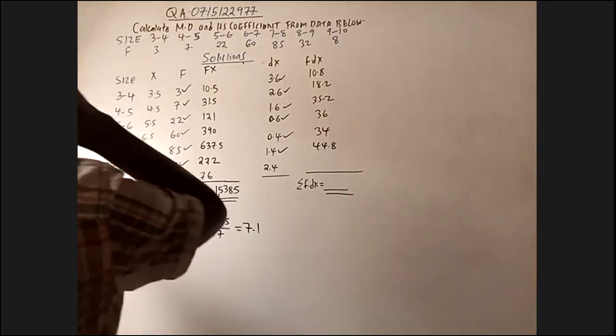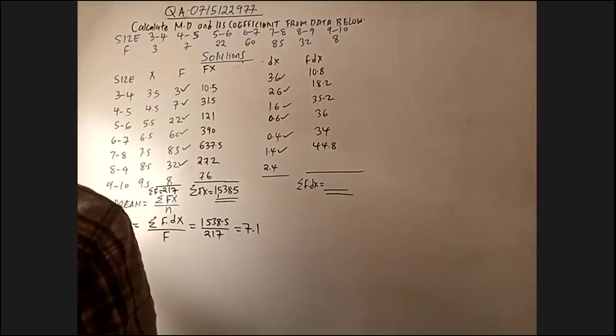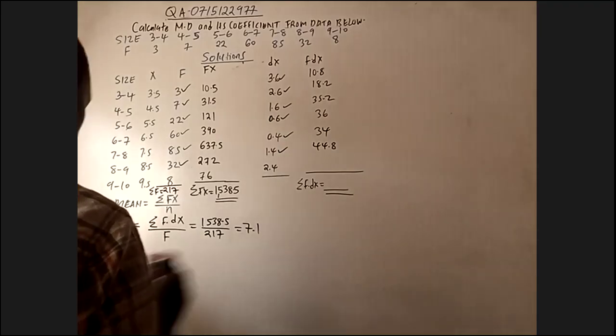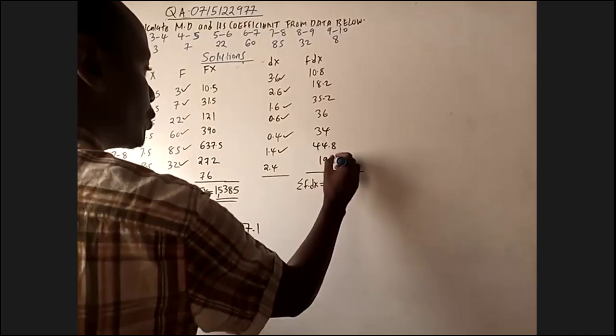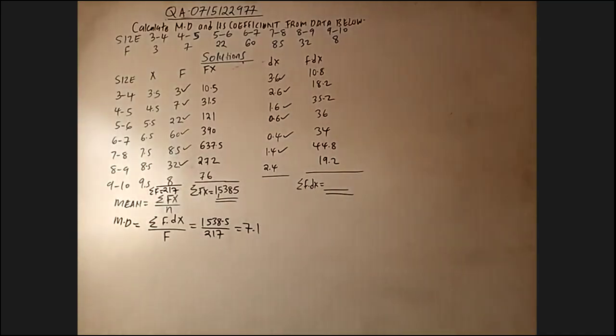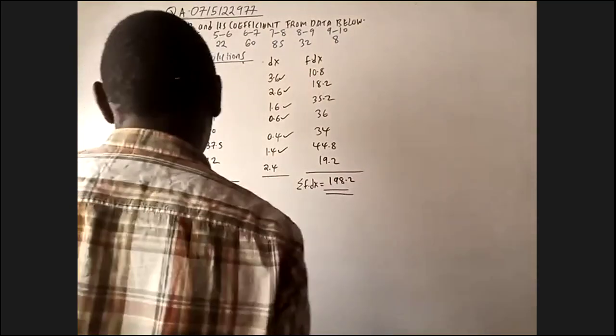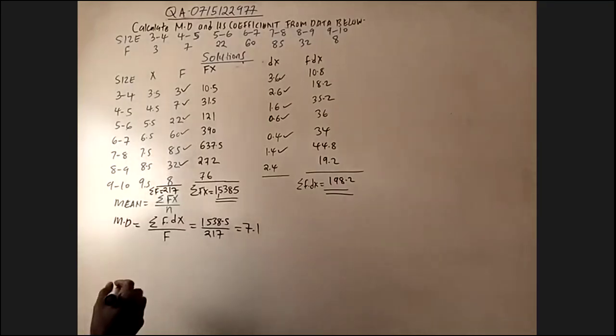Is that correct? 8 times 2.4 is 19.2. Now find the total: 198.2. Now let us find our MD.